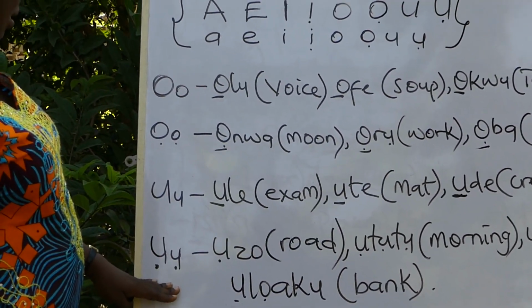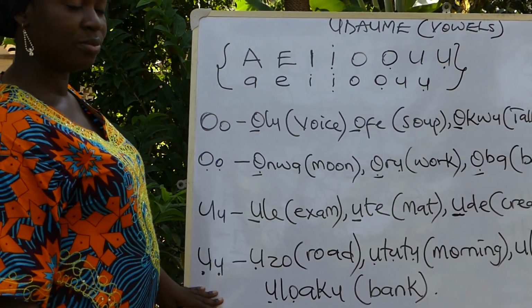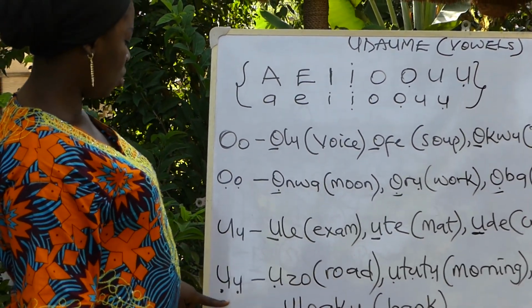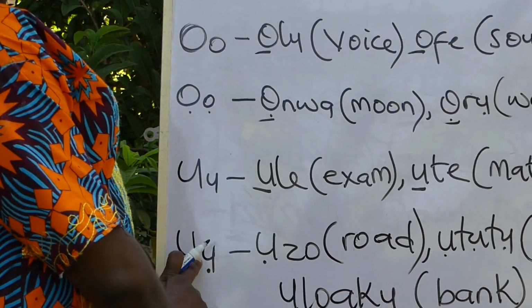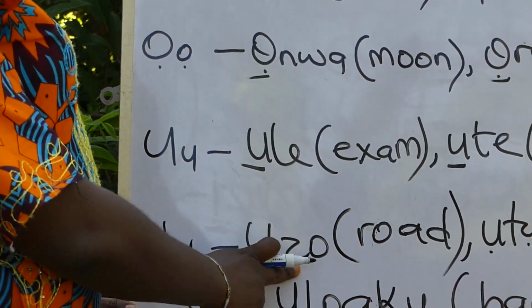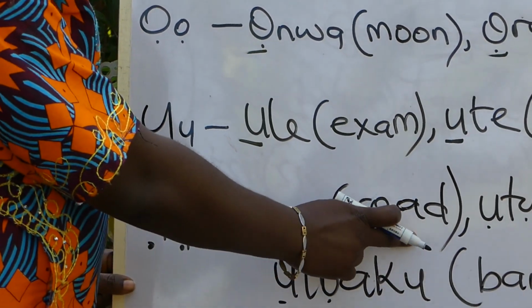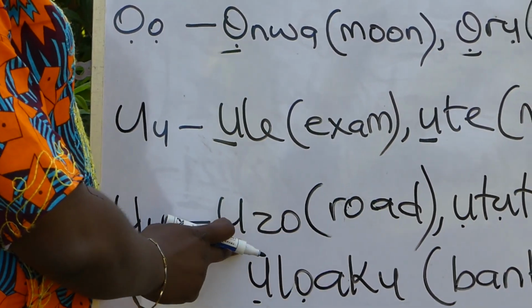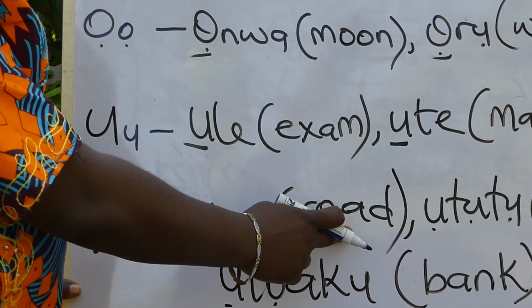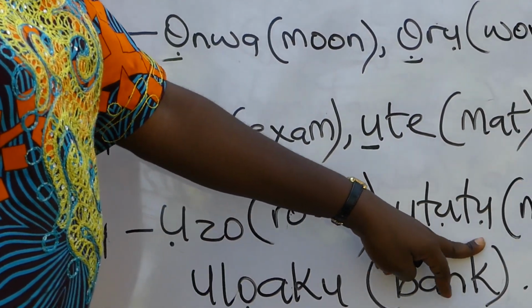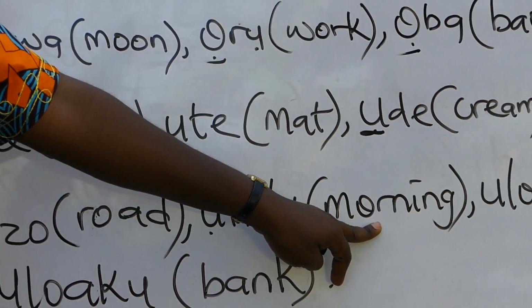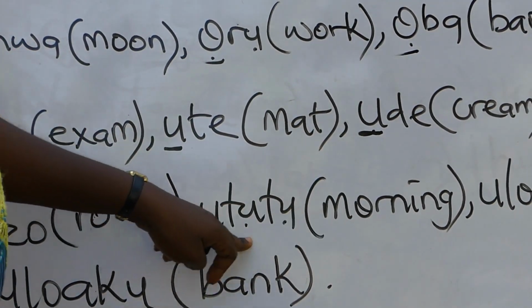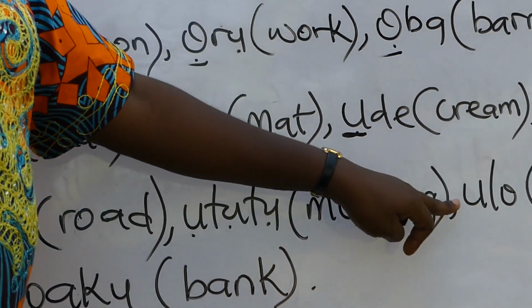Then we go back to the last one, U. O, Oza. The sound O, Oza. Oza is called road in English. Oza, road. Ototo, morning.